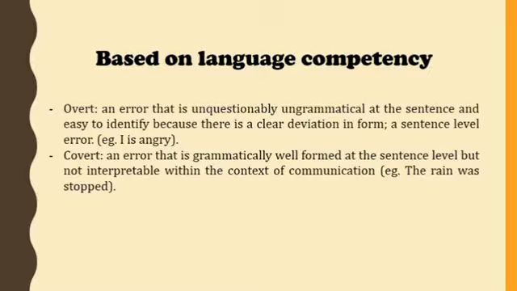For example, "I is angry." "Is" here should be replaced with "am." The second is covert. An error that is grammatically well formed at sentence level but not interpretable within the context of communication. For example, "The rain was stopped."